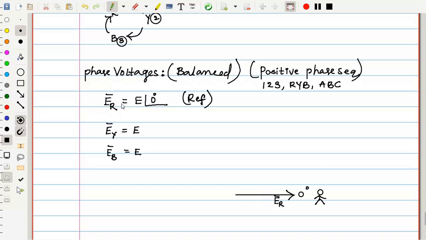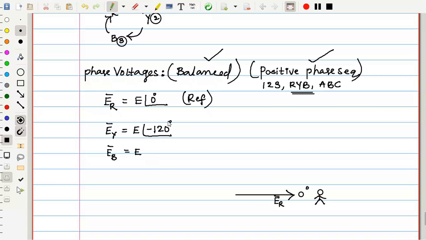Once you know this, where the observer is, and once you know the voltages are balanced and in positive phase sequence, after R, which phase should come? Y. It is positive phase sequence, so after R it should come as Y. So Y should be delayed by an angle of minus 120.